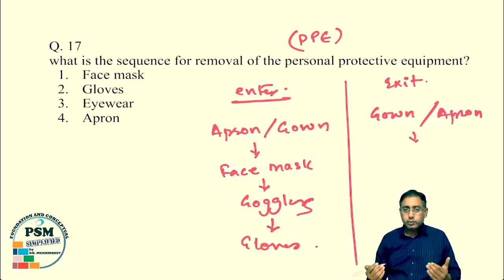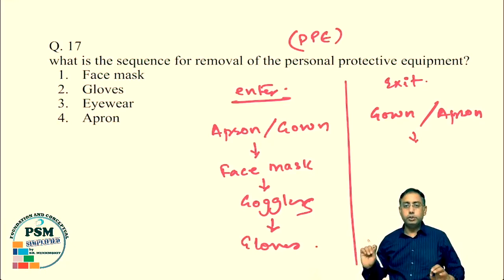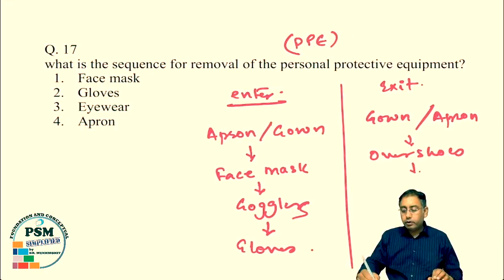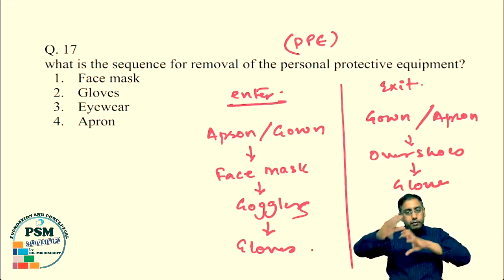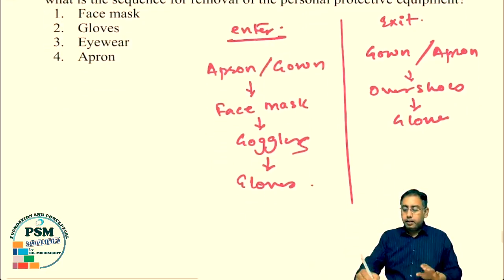In certain situations people are wearing rubber shoes or overshoes also. In those cases, you take off the gown, then you take off the overshoes, and then you take off the gloves. You wrap everything up in the same apron and discard it. Then you do hand wash or hand hygiene.